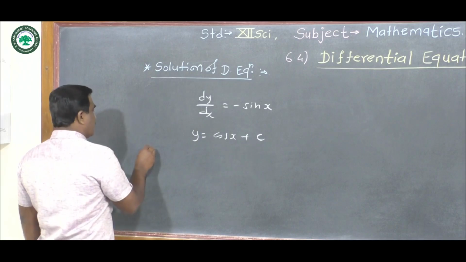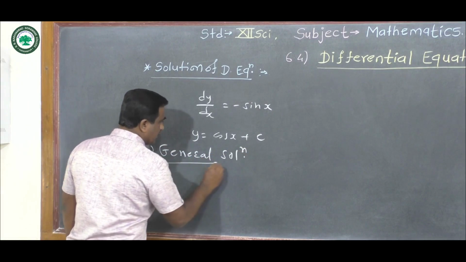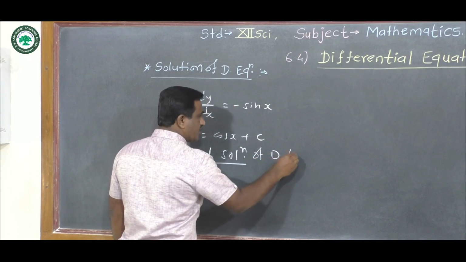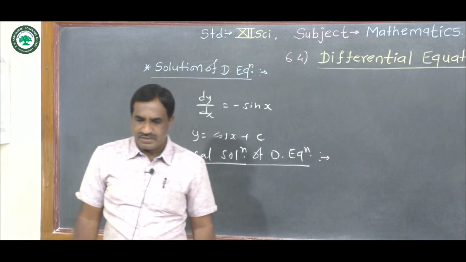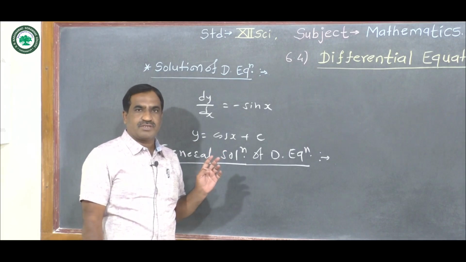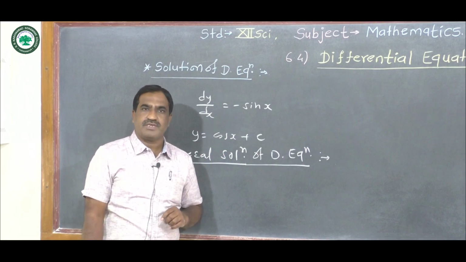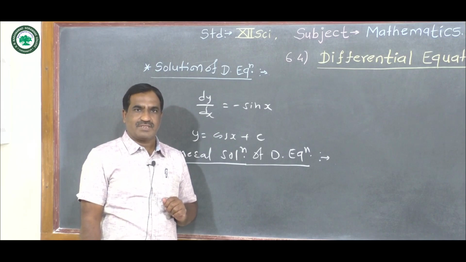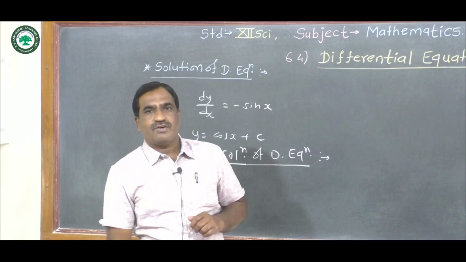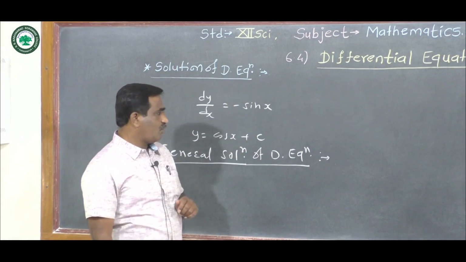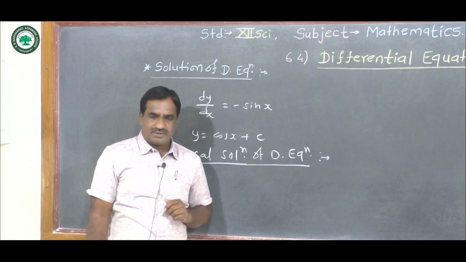Now the definition of general solution of differential equation: a solution of a differential equation in which the number of arbitrary constants is equal to the order of the differential equation is called a general solution of the differential equation.